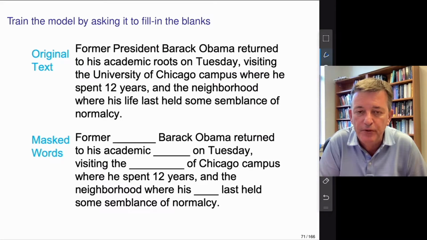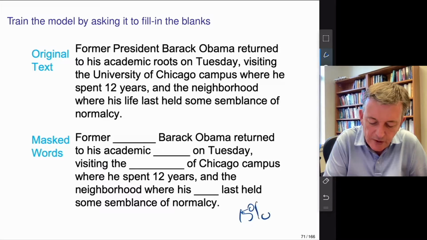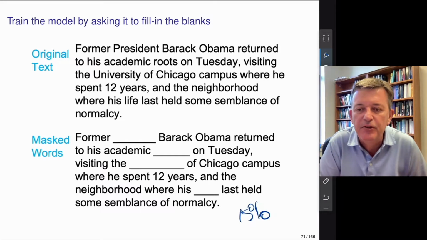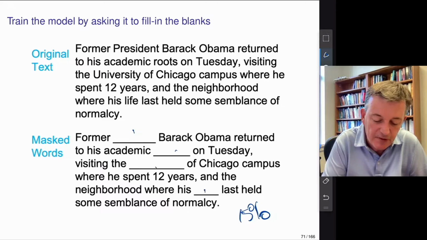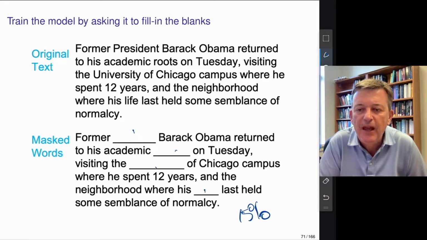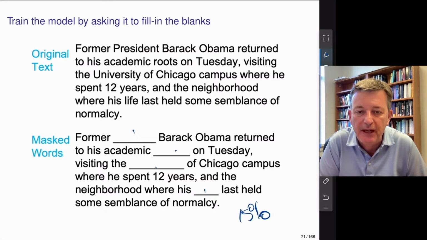So take a big corpus of documents, knock out about 15% of the words, and then fit what's known as a feedforward neural network, an architecture with nothing too fancy, and try and fill in the missing blanks. Can I fill in the missing words?